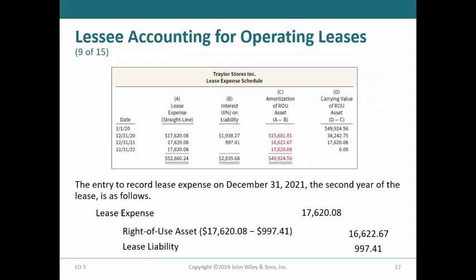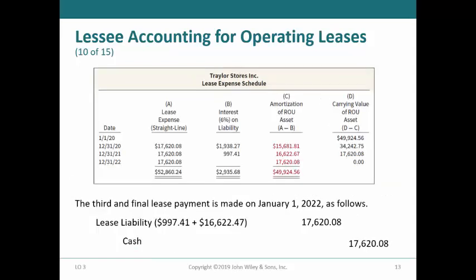For the second year, 2021, we would make a similar entry to debit lease expense for $17,620.08 and credit the right-of-use asset for amortization of $16,622.67 and credit lease liability for interest of $997.41.